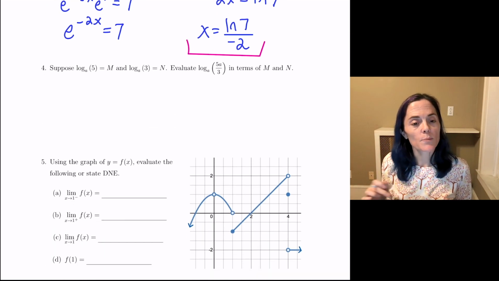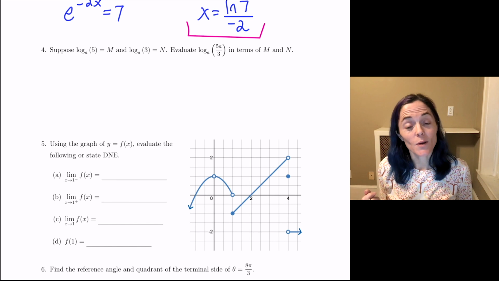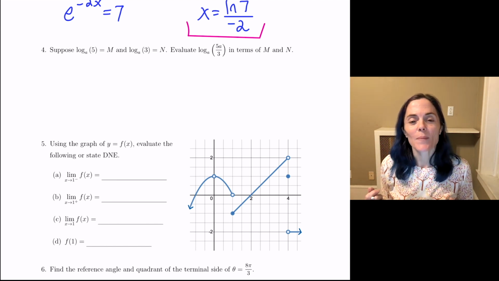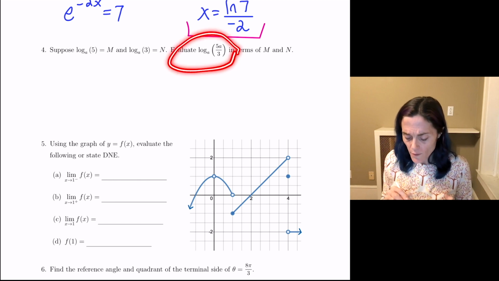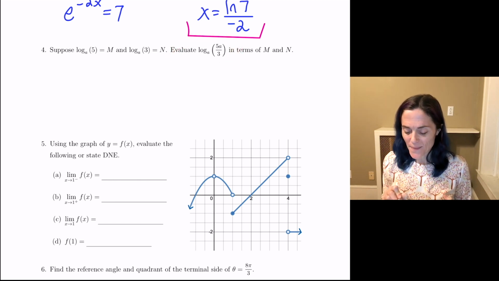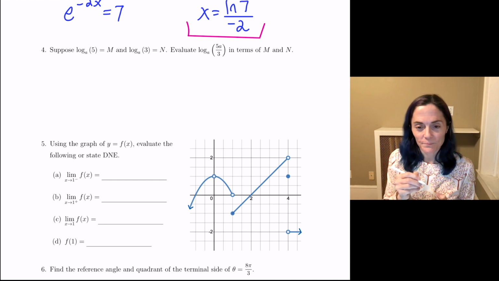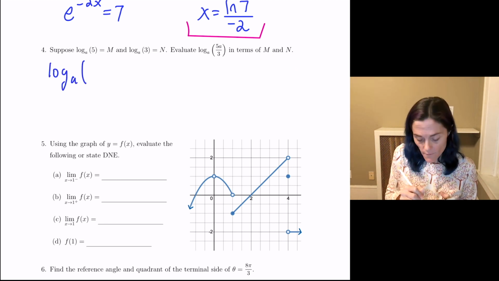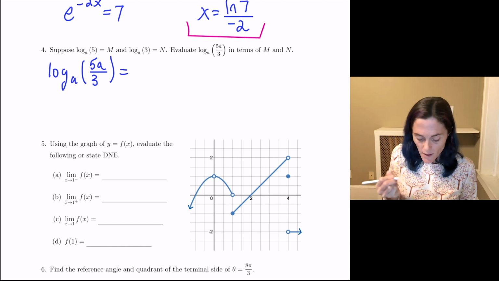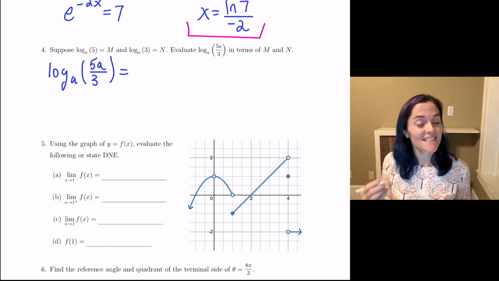Number 4, suppose the log base a of 5 equals capital M and the log base a of 3 is capital N. We want to evaluate this logarithm in terms of capital M and capital N. The log base a of 5a over 3. First, I see a quotient on the inside.